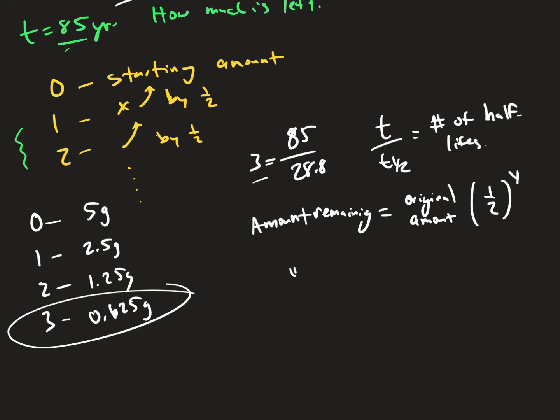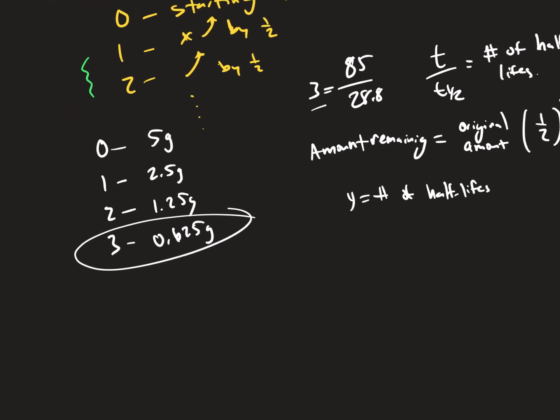We can call y the number of half-lives. I know that's a little bit simpler than the Math 1050 one, so if you want to use that, you can. But I find, I mean, we're just going to do 3 or 5 half-lives. It's just divide by 2, right?